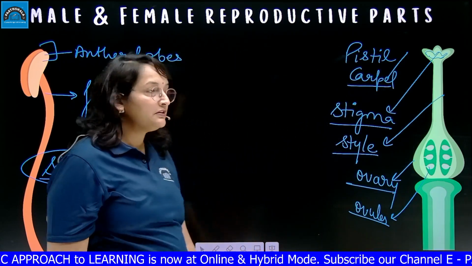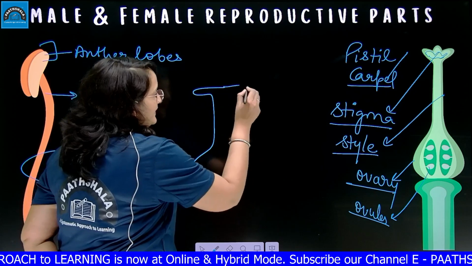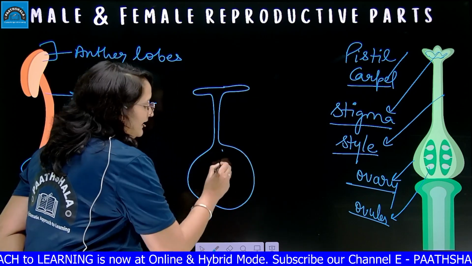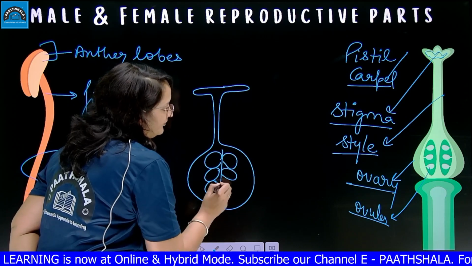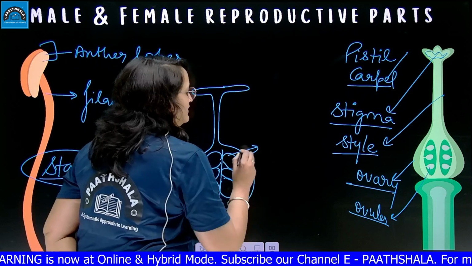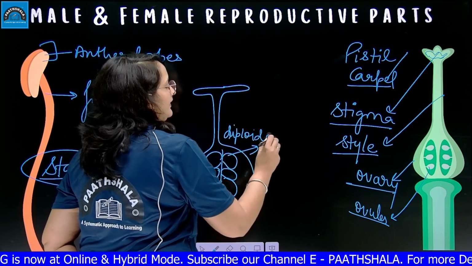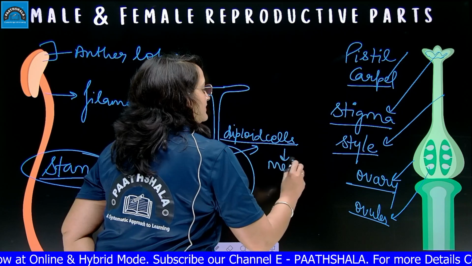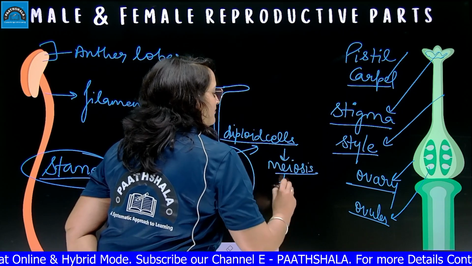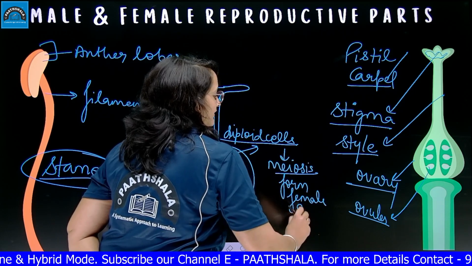Now we have to also understand that whenever we are talking about any pistil, in the ovary part there are many ovules. In these ovules there are diploid cells. These diploid cells undergo meiosis to form the female gamete.